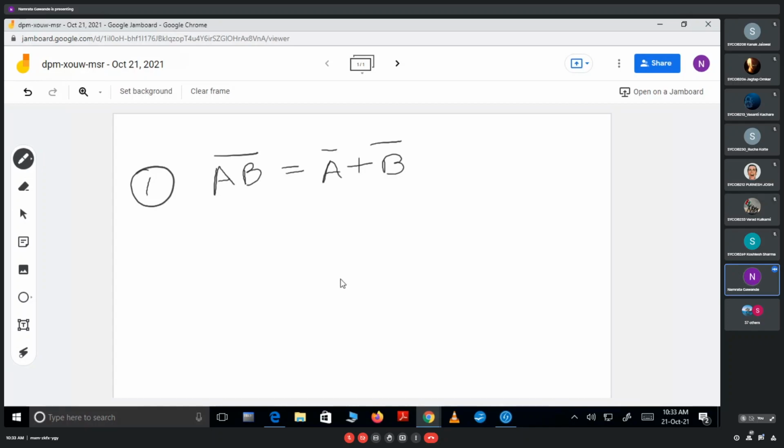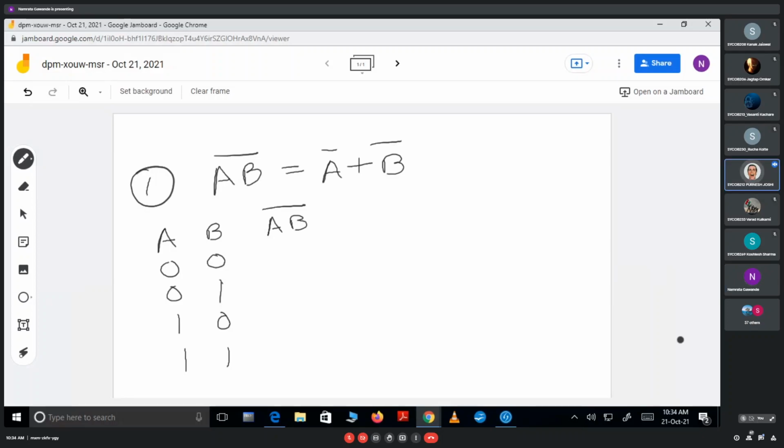Suppose here I will take a truth table: 0 0, 0 1, 1 0, 1 1. Can you tell me what will be (AB) bar if we calculate based on this truth table? A into B, what you have to do?